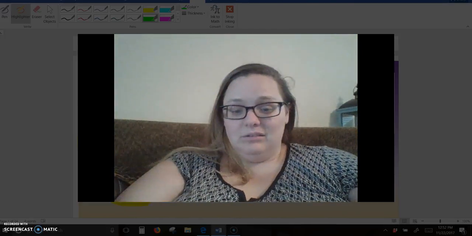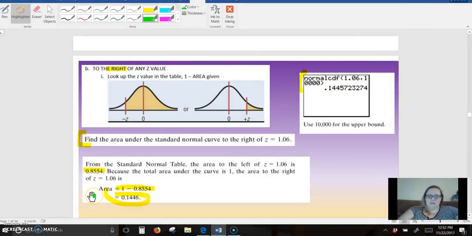You cannot have a negative, but you can change it. If you want to prevent that negative, remember everything's symmetrical. That's why they did this backwards, because it was to the right.